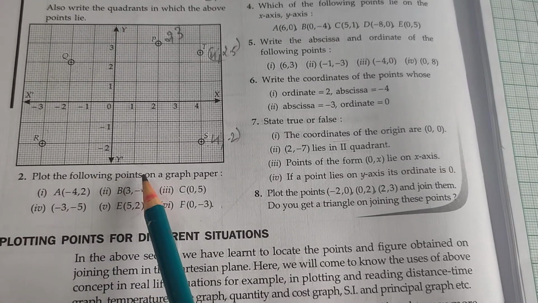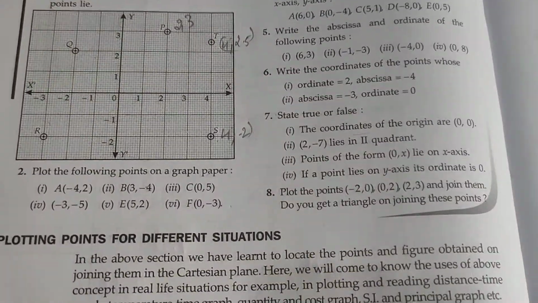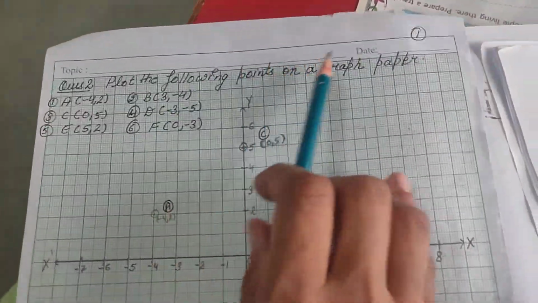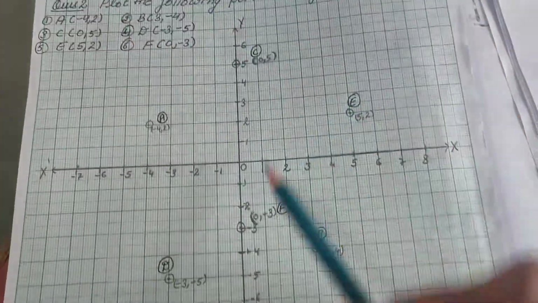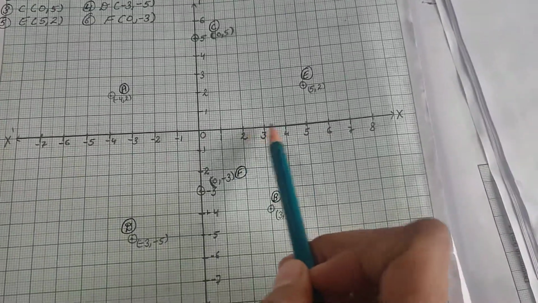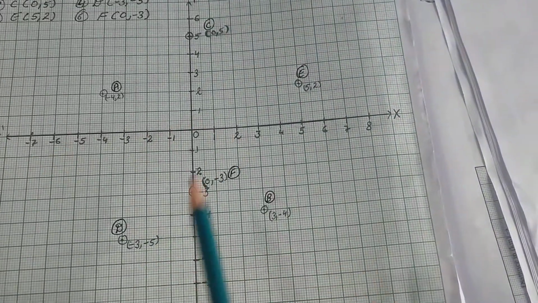Plot the following points on a graph paper. Like that. Firstly, write down your question. All the points, draw your y-axis, your x-axis, and 1, 2, 3, 4, 5 in positive form, and the other side is negative.